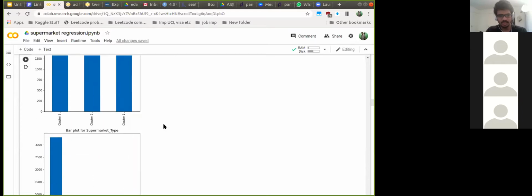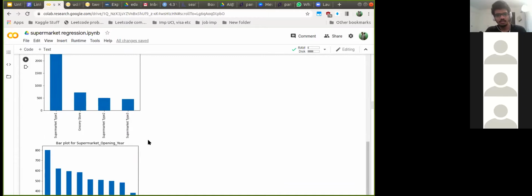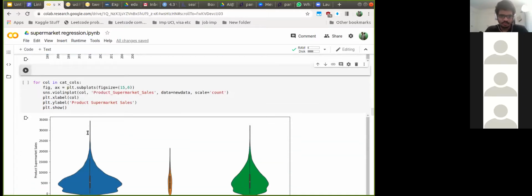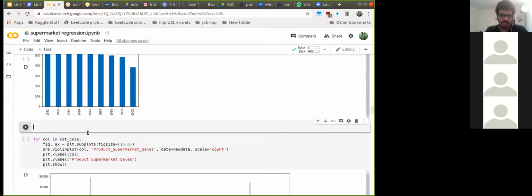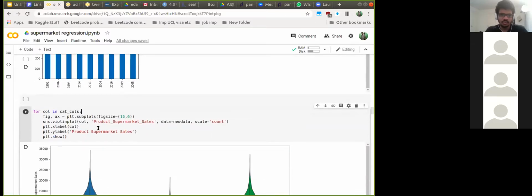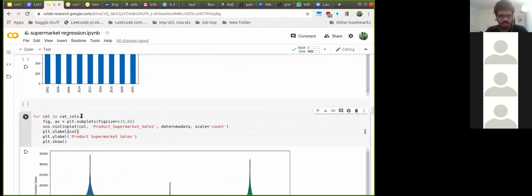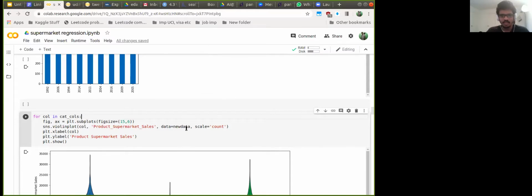So these are ways to perform univariate analysis on the categorical features. Now, let's move on to the bivariate analysis for the categorical features. Here, as I mentioned earlier, we'll be using violin plots because we can get a lot of information from a single plot.